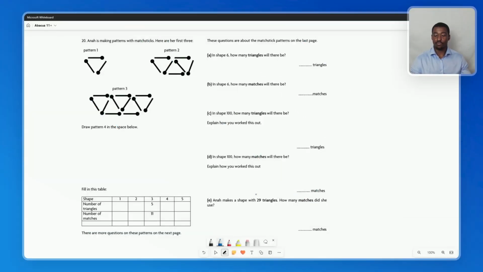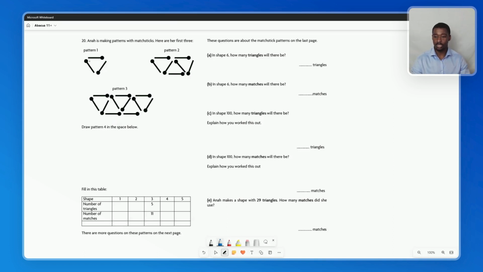Okay, so here for question 20, we have some patterns, and we're making these patterns using matchsticks. So Anna, these are the first 3 patterns she makes with matchsticks. 1, 2, 3. And we have to draw pattern 4. So let's try and see what's going on and try and recognize if there's anything going on here that we can use to help us.